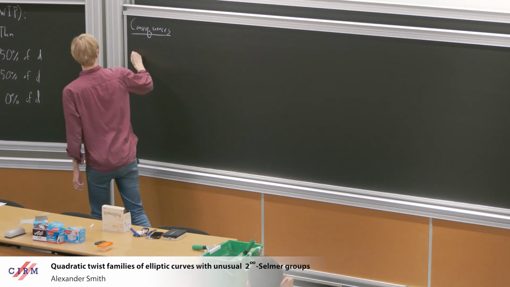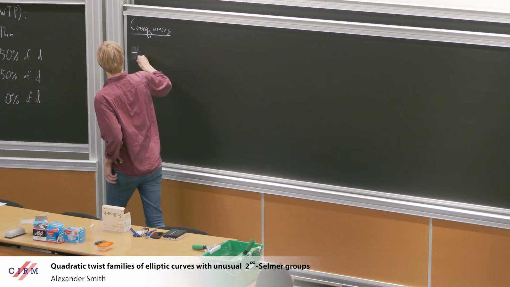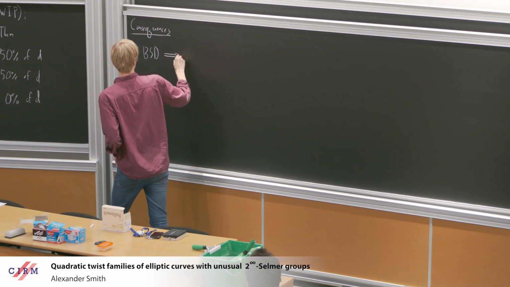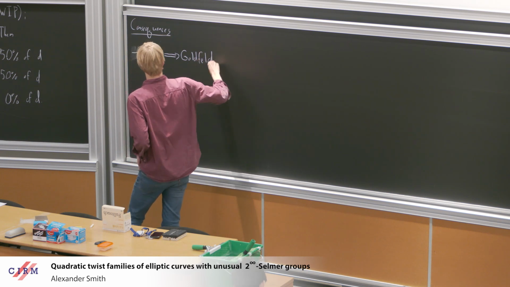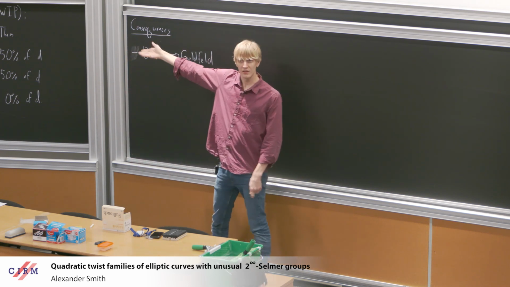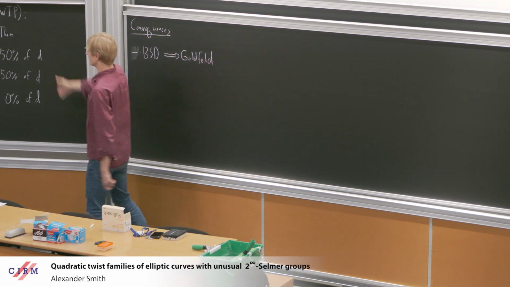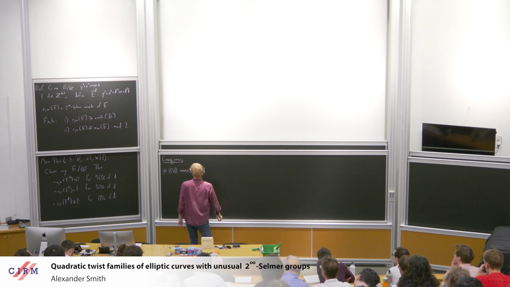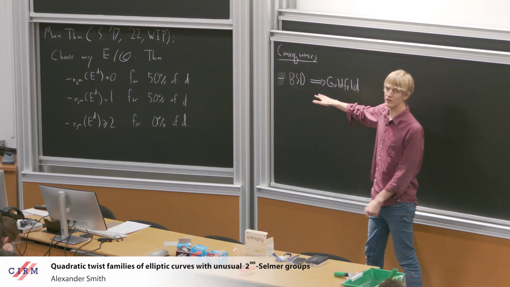But here's perhaps the most obvious: if we assume the Birch-Swinnerton-Dyer conjecture, this implies Goldfeld's conjecture. So the Birch-Swinnerton-Dyer conjecture is that the analytic rank equals the rank. And Goldfeld predicts that we have this sort of distribution, but where we consider the analytic ranks rather than the 2 infinity Selmer coranks. And so it's an easy exercise using these two facts to show that if you assume Birch-Swinnerton-Dyer, you get Goldfeld.